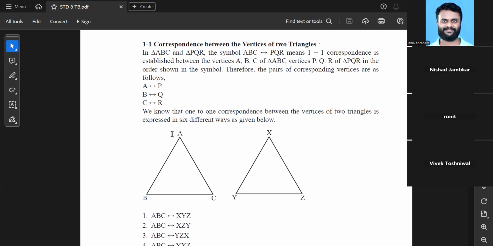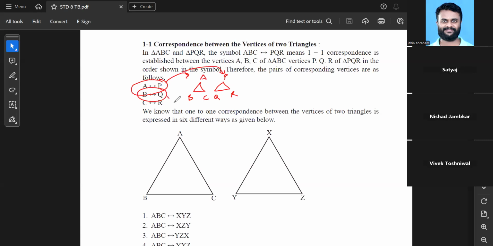So, basically, there are two triangles, ABC and PQR. A, B, C, P, Q, R. So, this means A vertex is just like P vertex.